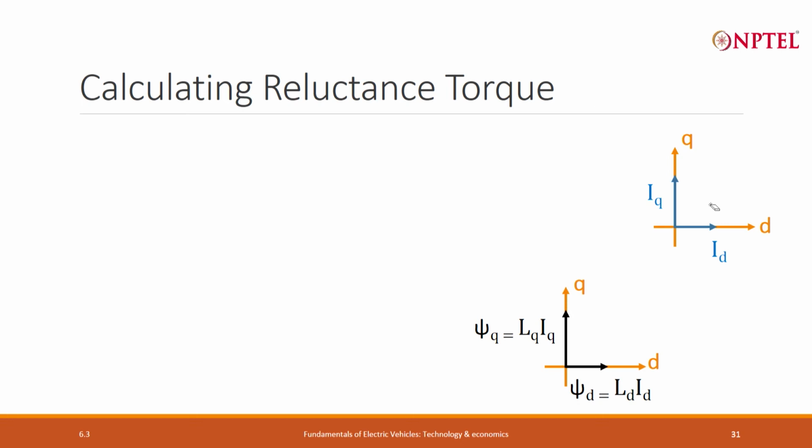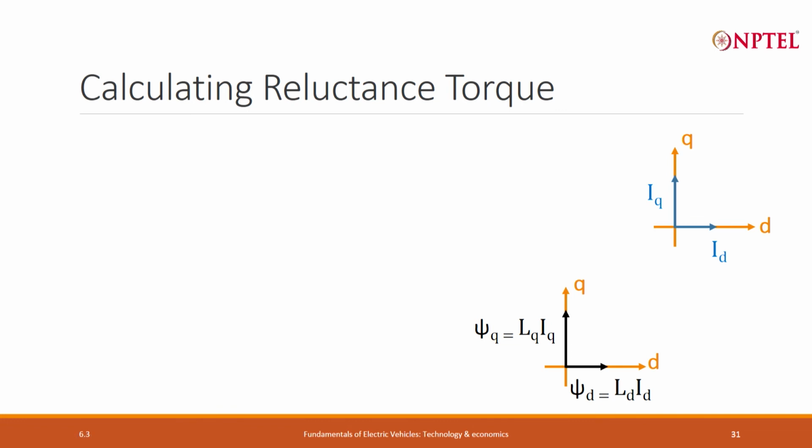Important thing is that torque is the cross product of xi and the current. So, if I take this xi and do a cross product with this current, I will get a certain torque. If I take this xi on the d axis and do a cross product with the q axis current, I will get another torque.